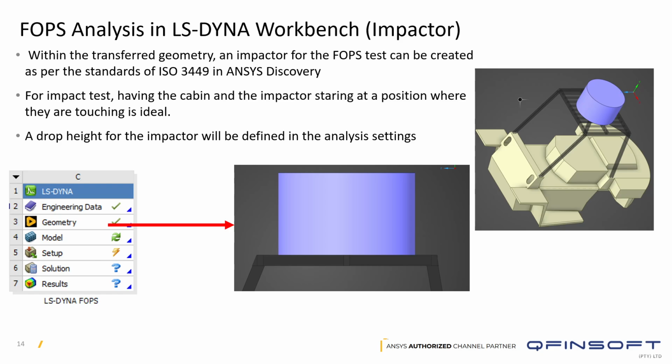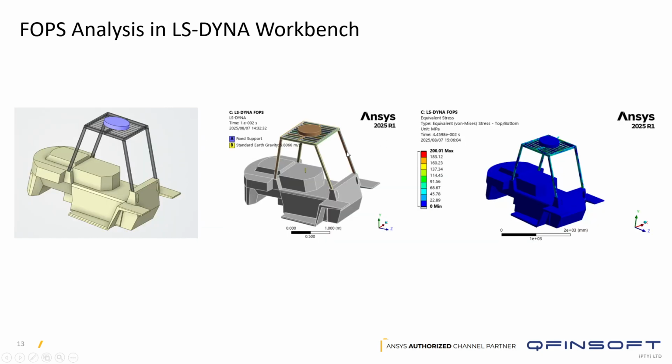So basically all we do is we put the impactor and the cabin already contacting, and we define a falling height for the impactor, and the LS-Dyna Workbench goes back and works out the velocity of the impactor, and then that's where the simulation will be starting.